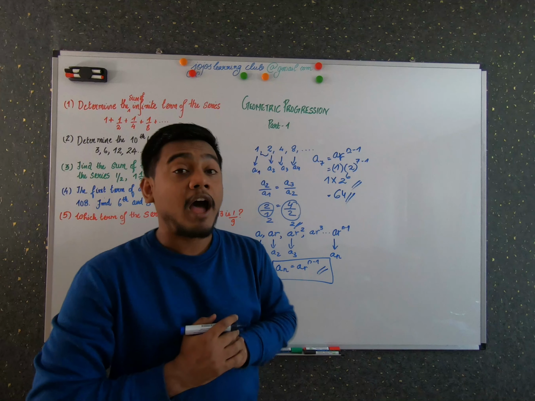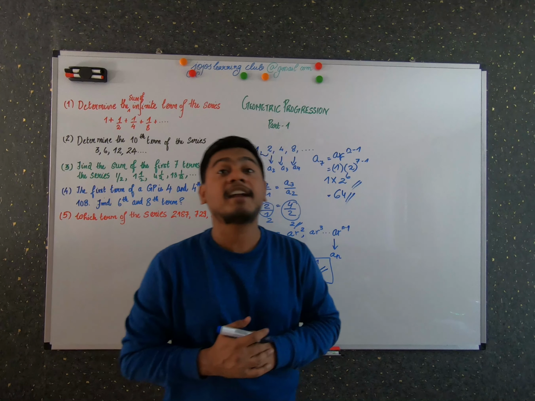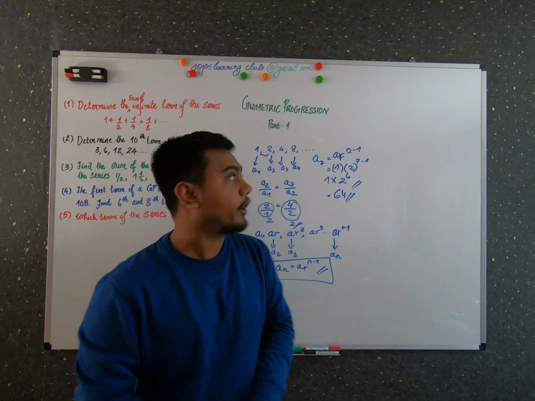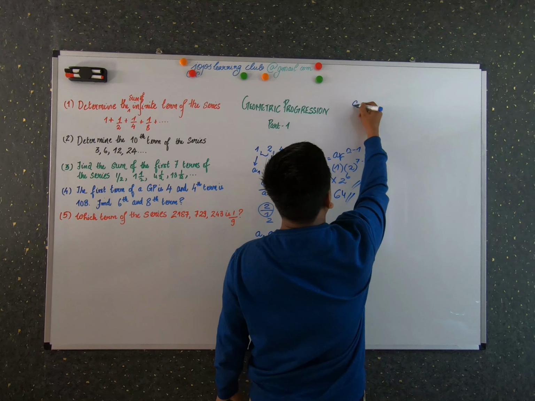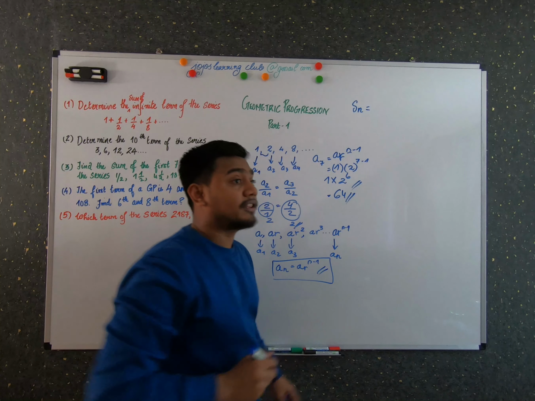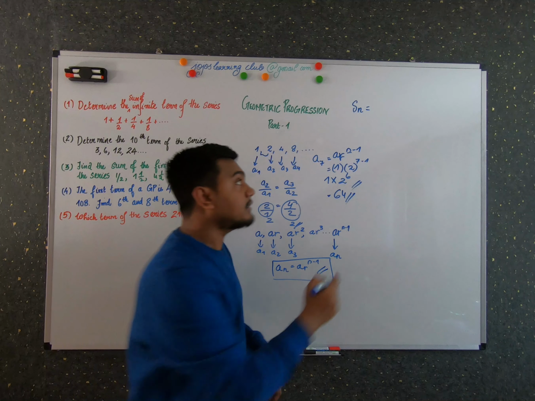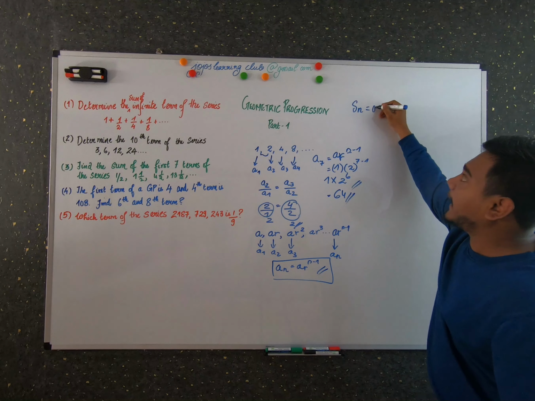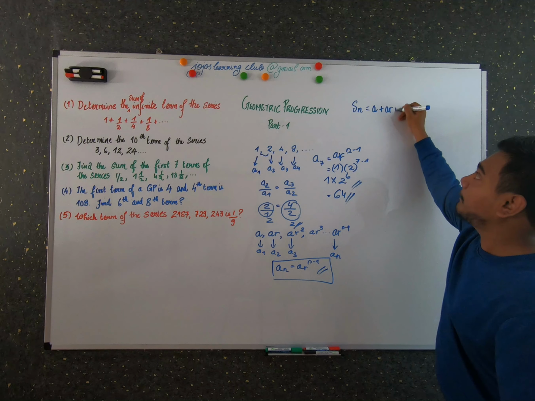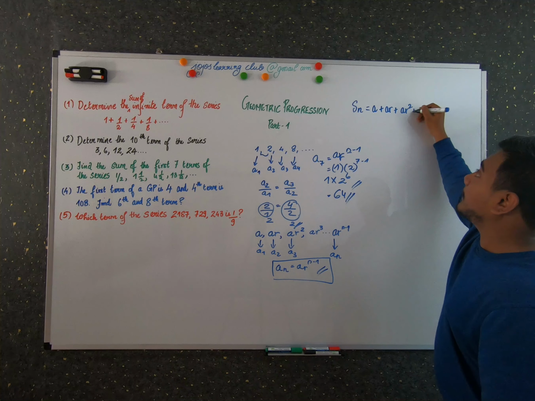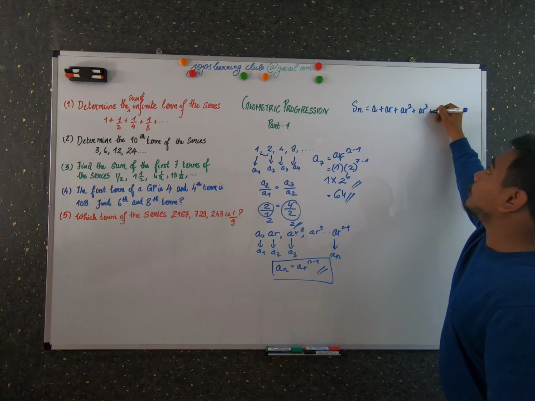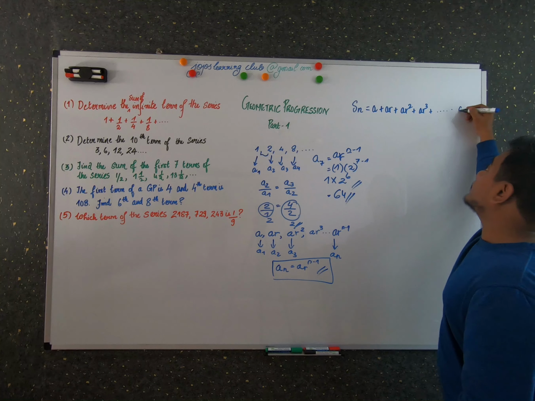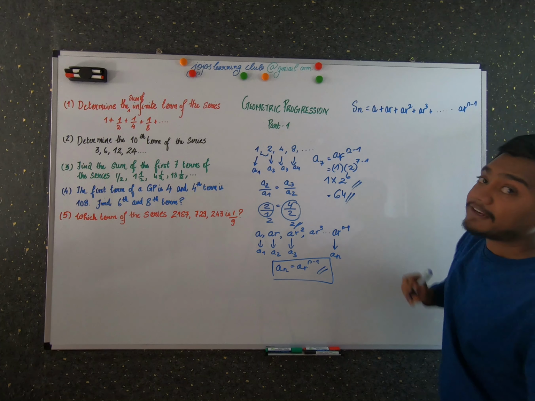Now let's learn how to find the sum of n terms of a geometric progression. What could be the formula for the sum of n terms? I can write this as A plus AR plus AR square plus AR cube and so on till AR raised to n minus 1, right?